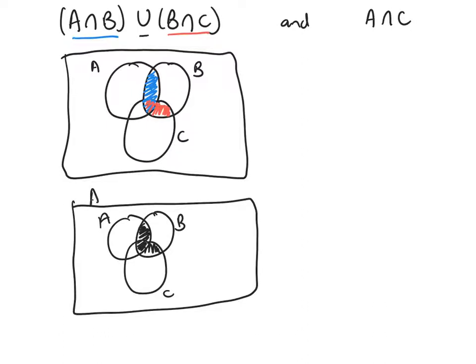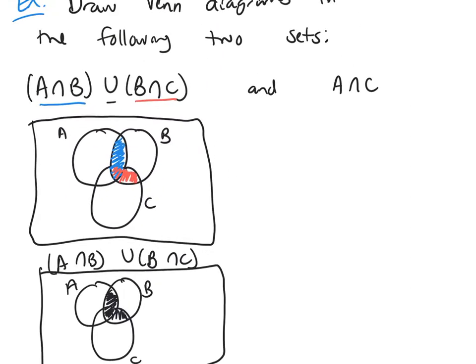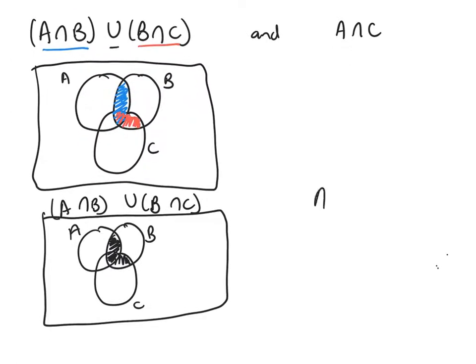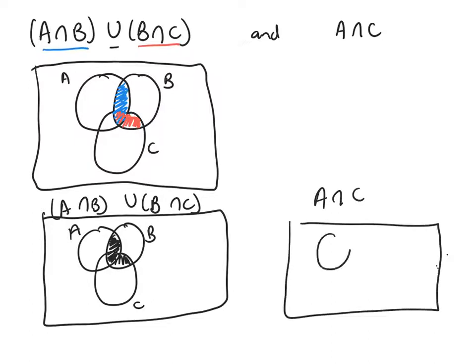So this is A intersect B, union B intersect C. On the flip hand, let's draw the diagram for A intersect C. A intersect C will be this region right here. So there are my Venn diagrams.